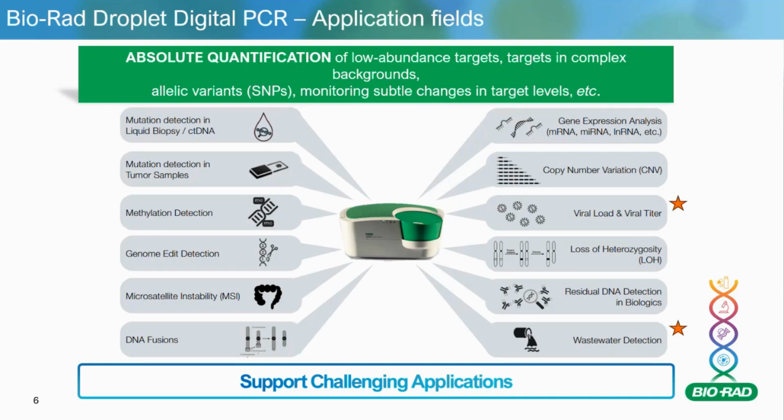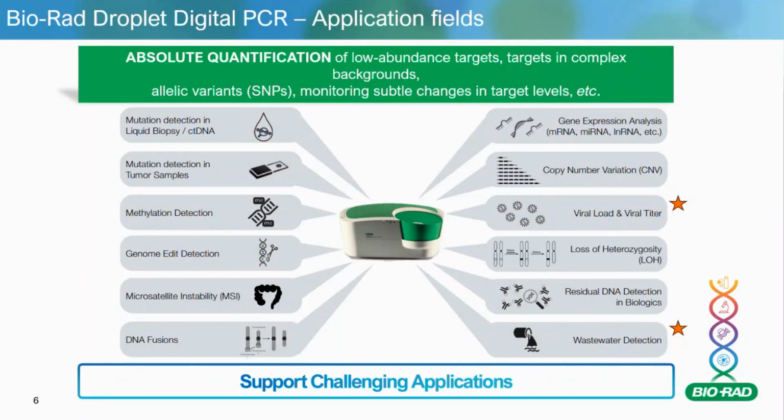So these are just some of the applications that ddPCR is really useful for and really helpful in terms of monitoring. But we're going to really focus in on two of the largest ones when it comes to surveillance and disease monitoring. And those two are wastewater detection, which has really taken off since COVID and has actually increased quite a lot in terms of the monitoring that's been done with that.